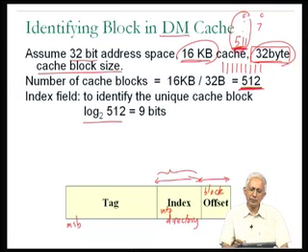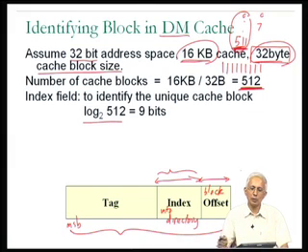The next question, how many bits are going to be used for the block offset? And again, we're trying to understand how the address is used by the cache. So we do need to know how many bits are used as a block offset. Now once again, we know that if the size of the cache block is 32 bytes, that means that the different bytes within the block would be numbered from 0 through 31.